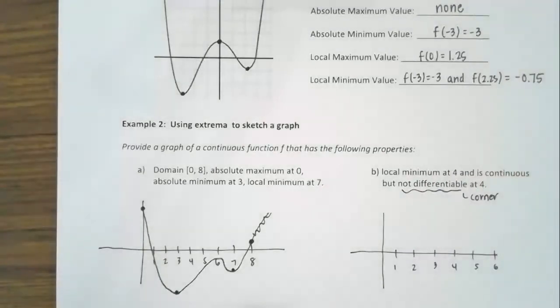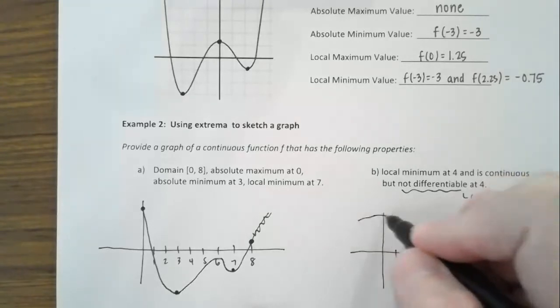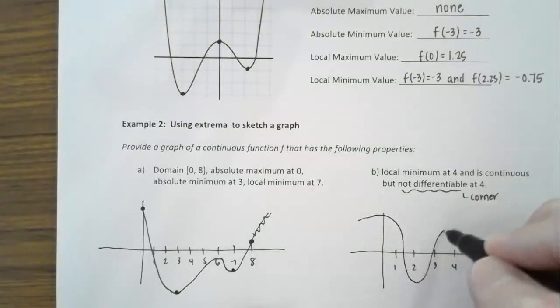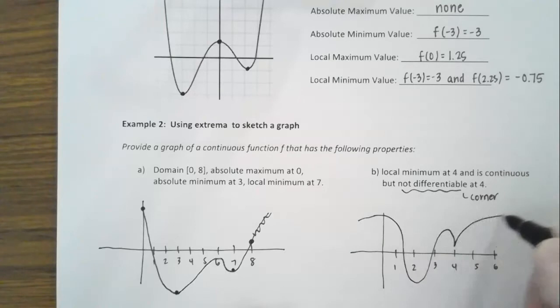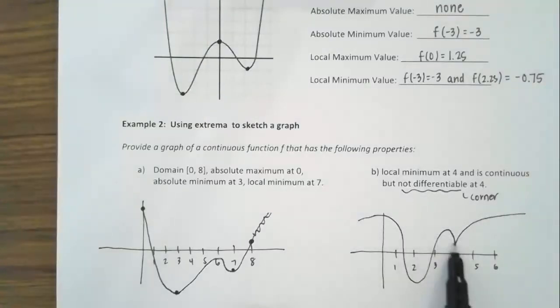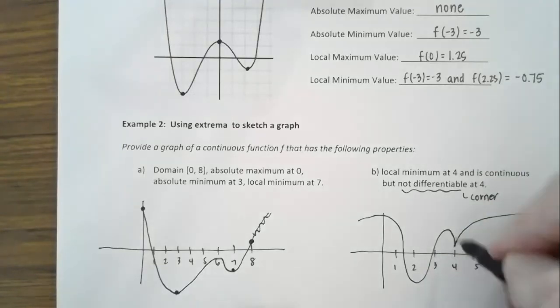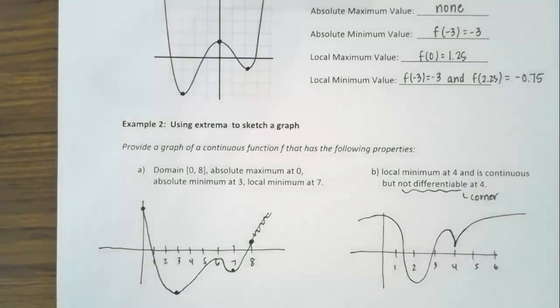So you can include something like that in your graph. You can't have any breaks though because it does need to be continuous. So my graph might look something like that. So definitely a local minimum. It's a lower point compared to all the points around it, and it is continuous but not differentiable because I have a little corner there at 4.